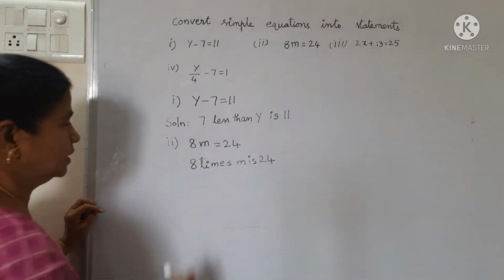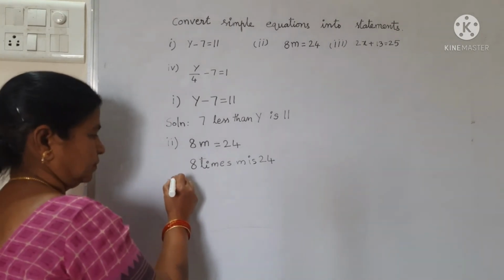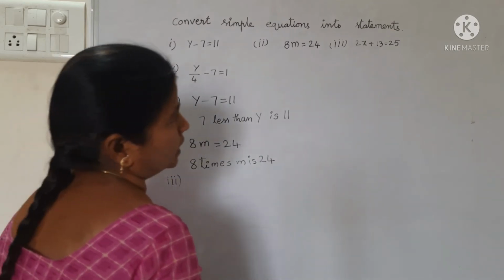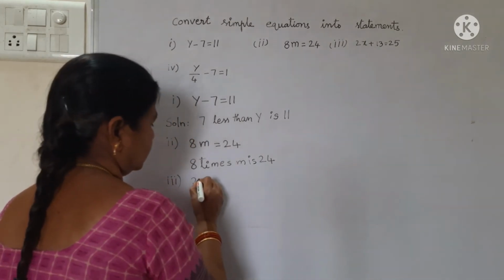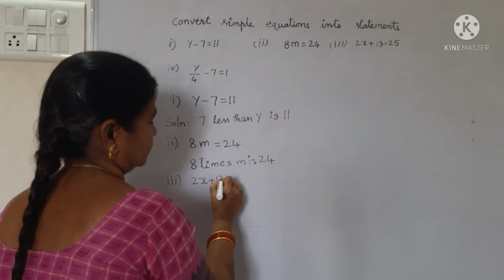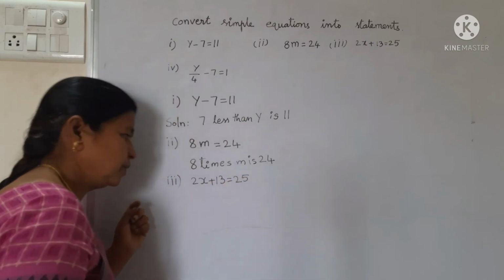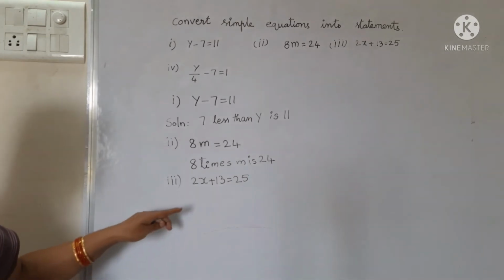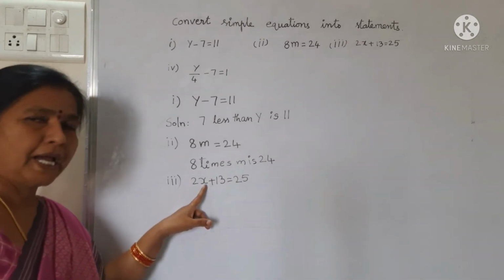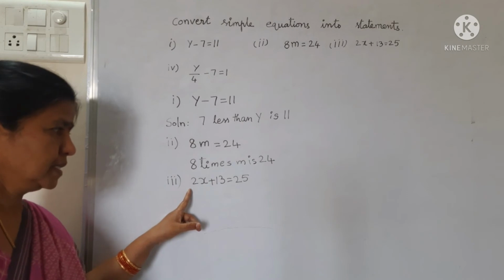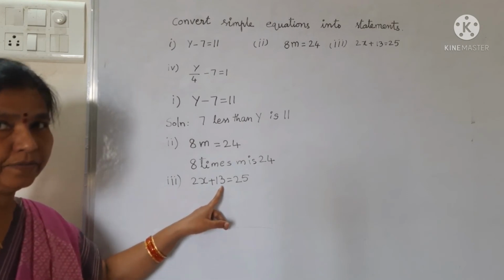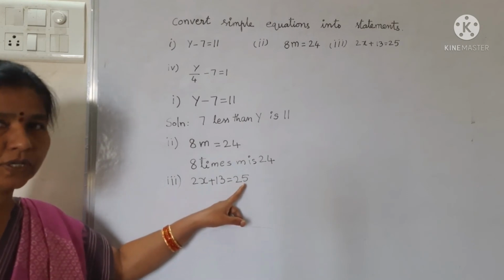Now what is third one? 2x plus 13 is equal to 25. How we convert this? 2 times x is added by 13, we get 25.